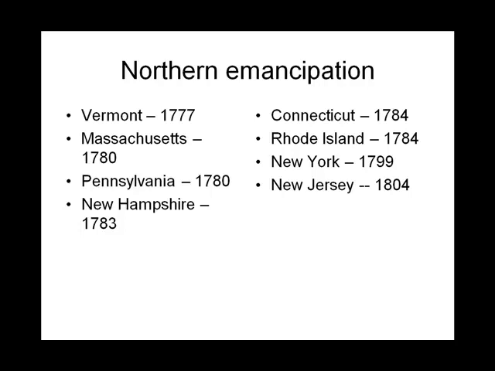So if you're born on July 5th of 1799, one day after the 4th of July, then you are considered free, but you have to serve your master for 21 to 28 years. 21, I think, for women and 28 for men. Okay? So you're free, but you're not free.